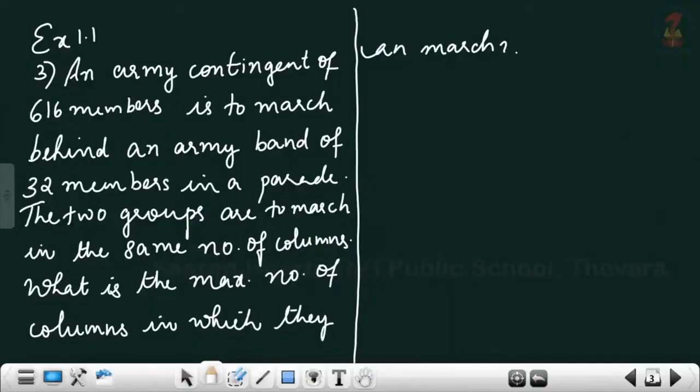Next is exercise 1.1 third question. An army contingent of 616 members is to march behind an army band of 32 members in a parade. The two groups are to march in the same number of columns. What is the maximum number of columns in which they can march?